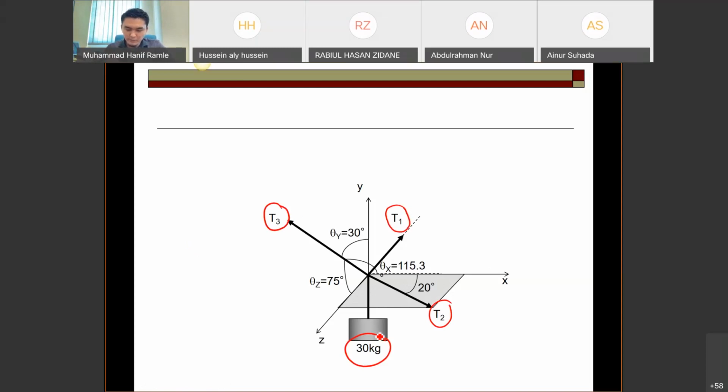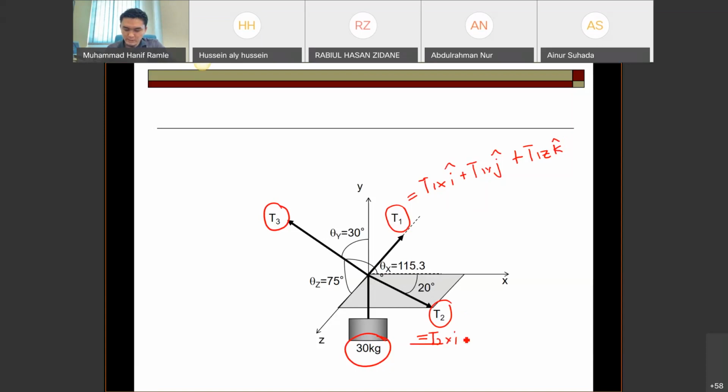The first thing you have to do is convert these into i, j, k form: T1x i plus T1y j plus T1z k. You have to transform T1 into ijk form. Same goes for T2.